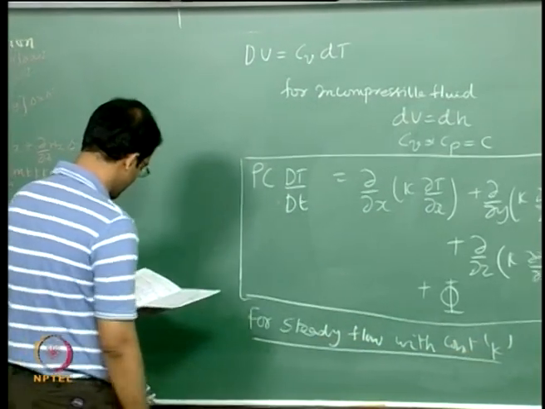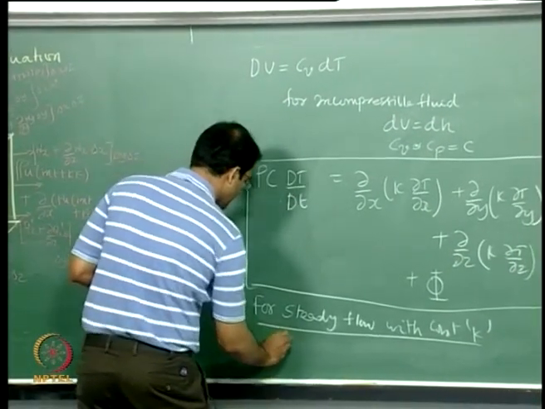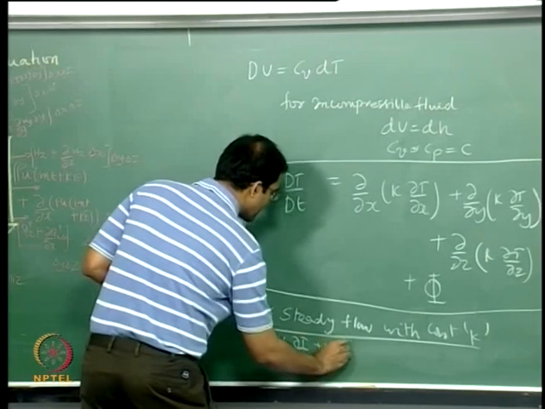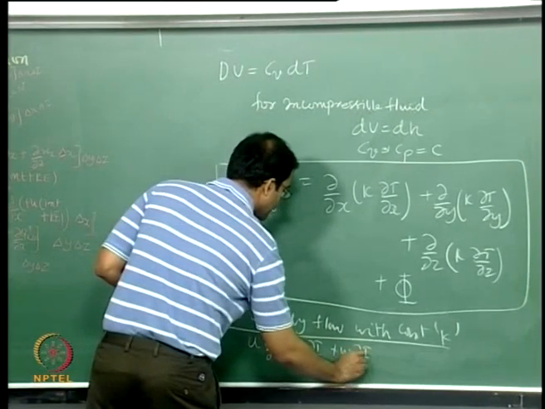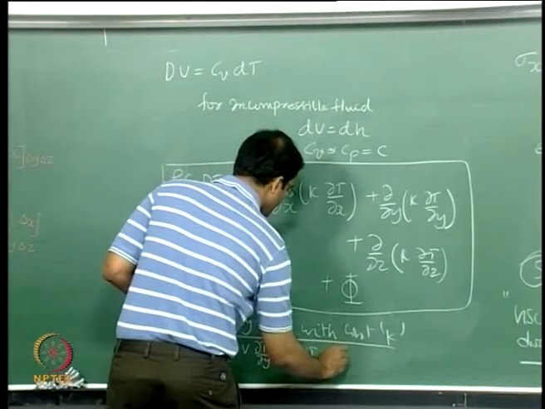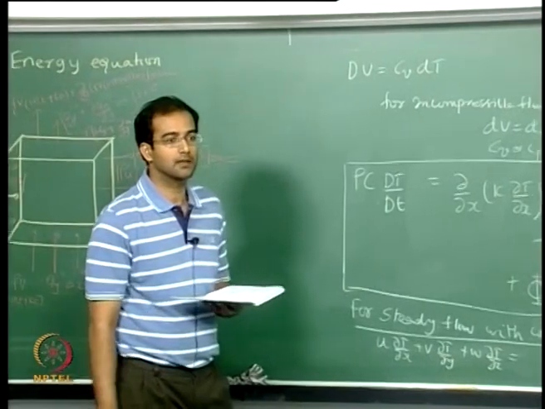So the time derivative is going to disappear. You can write this as u dT by dx plus v dT by dy plus w dT by dz, that is equal to k by rho Cp, which is nothing but the thermal diffusivity, alpha.